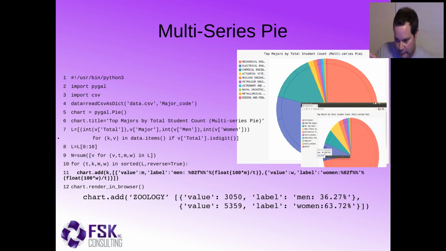You notice we're in zoology, and we're applying two different data values, one for men, one for women. Because we're doing that, the full slice of the pie represents the popularity of zoology as a whole, but then those outer segments, when you hover, will tell you the breakdown of men or women or whatever your subcategory actually is.